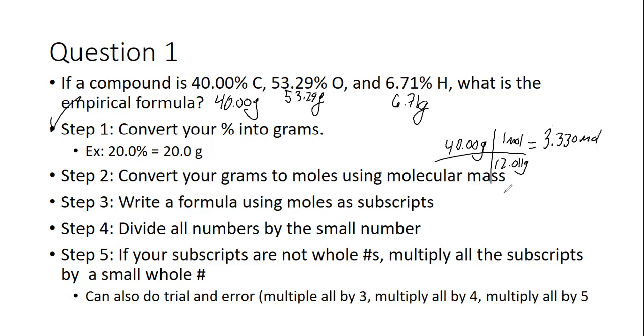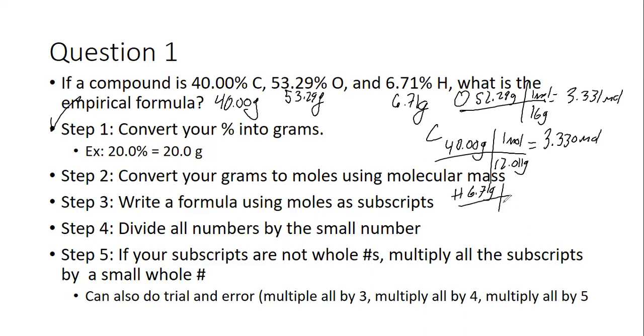For oxygen, do the same thing. I have 53.29 grams of oxygen. For every 16 grams, it's 1 mole. That comes out to 3.331 moles of oxygen. For hydrogen, I have 6.71 grams.